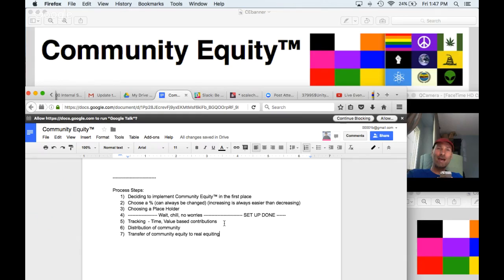So if it has $100,000 value, bam, that's $100,000 tax liability. So an individual might actually not want to transfer their community equity into real equity if the company has value, because as soon as they would do that, they would automatically receive a huge tax liability that they would have to immediately pay taxes on.